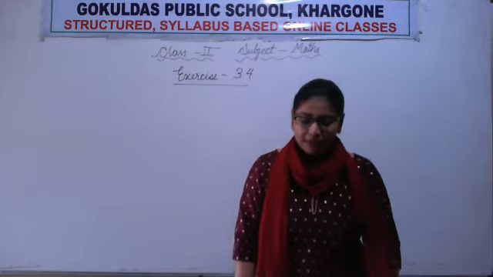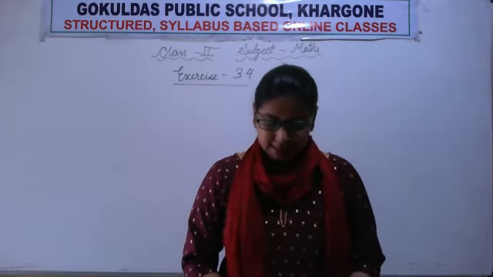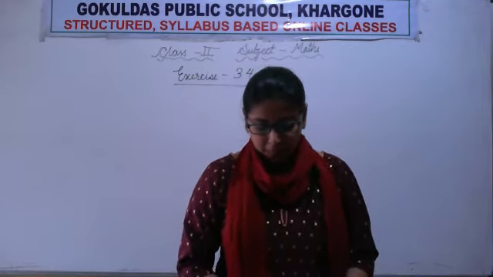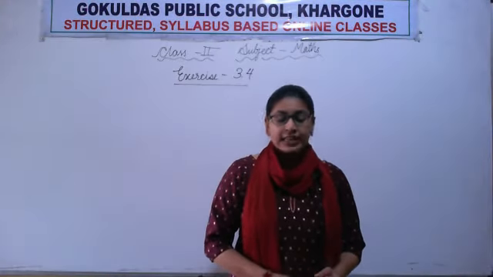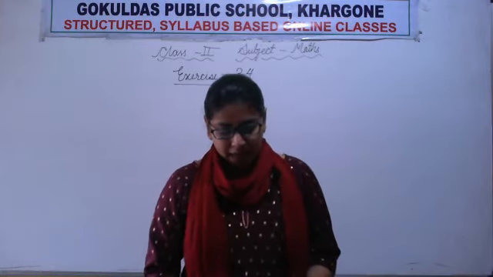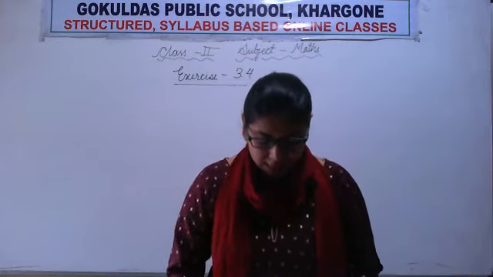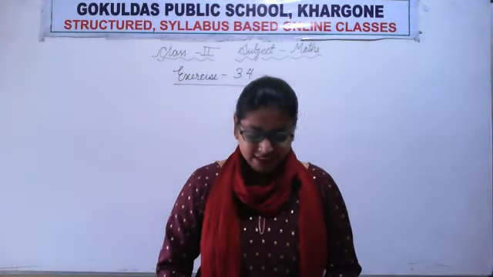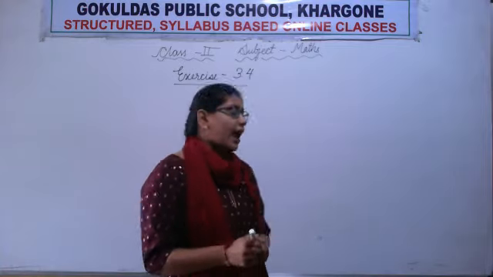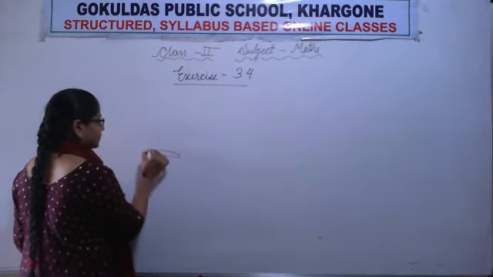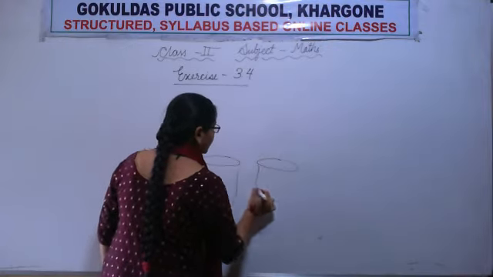Question number 4 is, there are a total of 94 candles in 3 jars. If the first jar has 31 candies, and the second jar has 37 candies, then how many candies are there in the third jar? See, we have to find out, there are 3 jars: 1, 2 and 3.